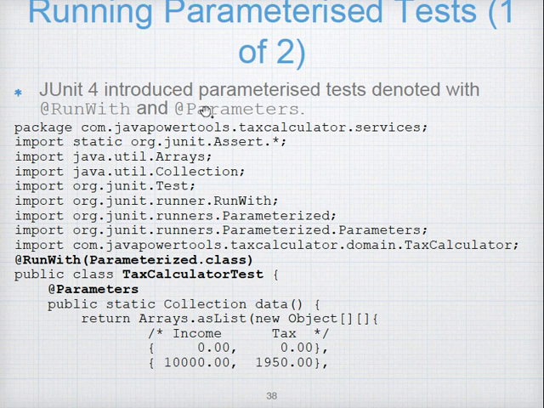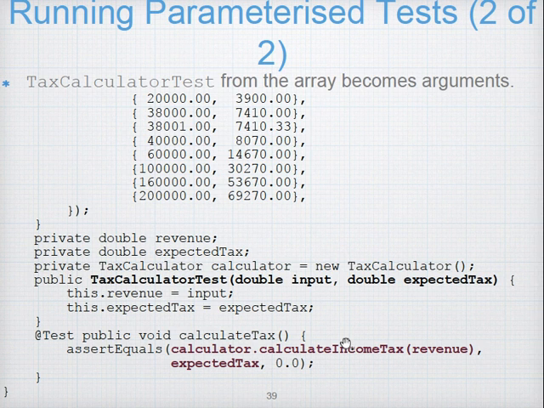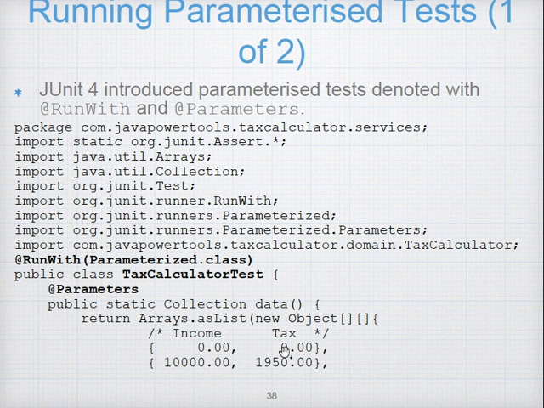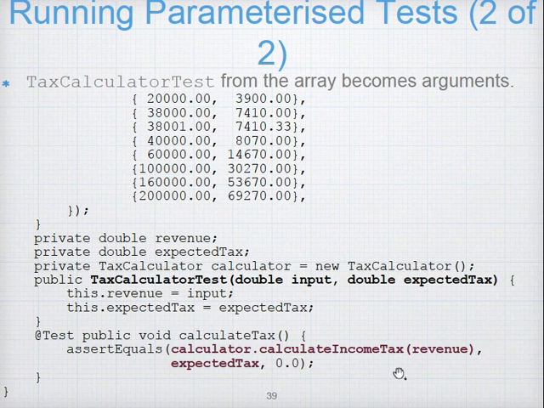So in this part I'm showing you a feature of JUnit. JUnit allows you to say income here, tax here, put it in an array, and with an appropriate function call, you can provide that to, for example, the tax calculator test.